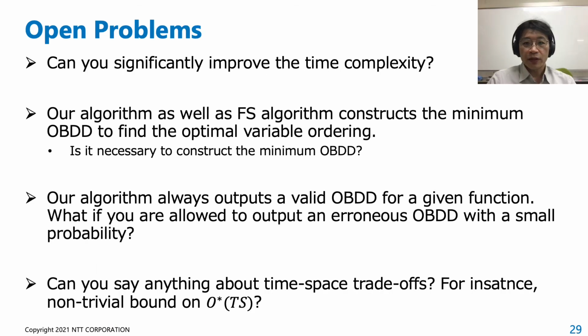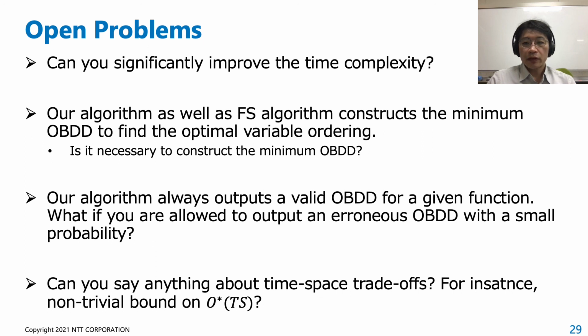Here are some open questions. The first question is trivial, asking if it is possible to significantly improve the complexity. Our algorithm, as well as the FS algorithm, constructs a minimum OBDD to find the optimal variable ordering. The second question asks if it is necessary to construct the minimum OBDD to obtain the optimal variable ordering. Our algorithm always outputs a valid OBDD for a given function.